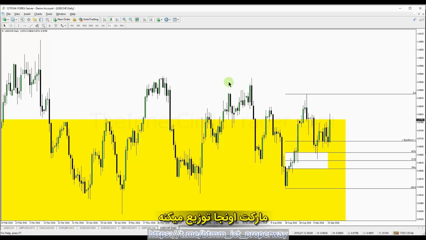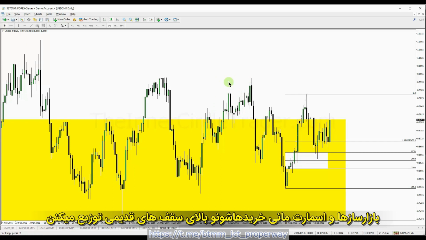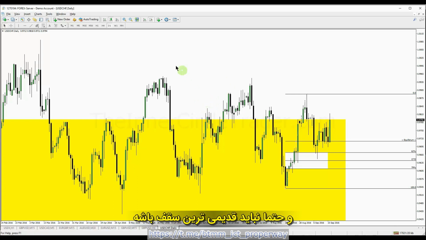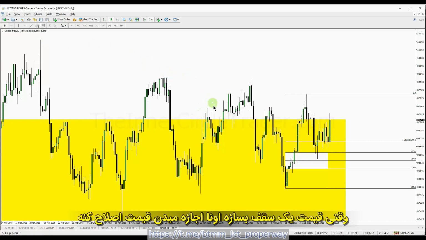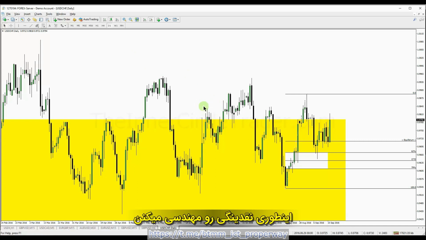Market makers and smart money will distribute long positions above old highs. It doesn't have to be the oldest high. It didn't go above this one either. It didn't go above this one. You don't need it to. Once it creates a high, they only allow price to retrace to allow stops to build up above an old high. That's how they engineer liquidity.